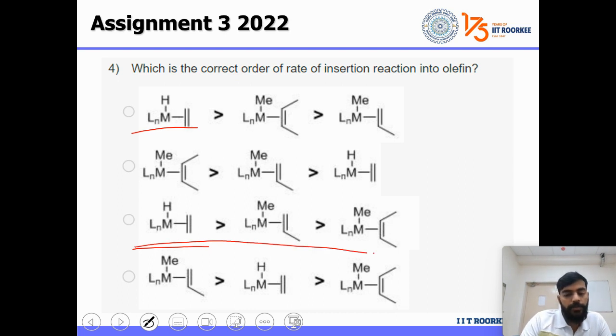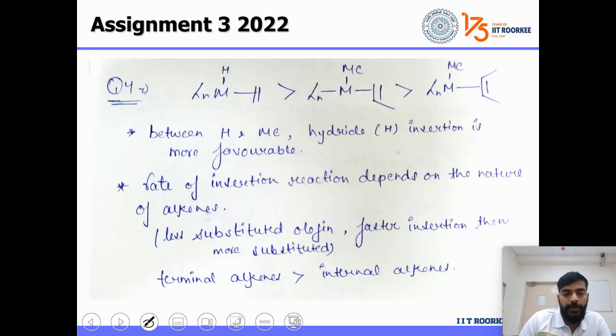Okay. According to you, this one is the correct one. Let's see. You are right. Between hydrogen and methyl, hydride insertion is more favorable. That is the reason this will occur.